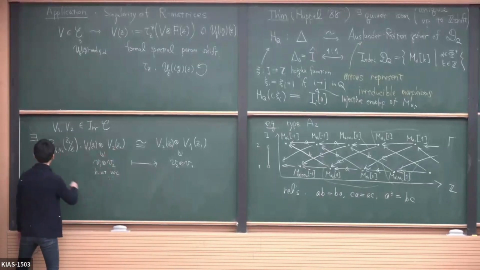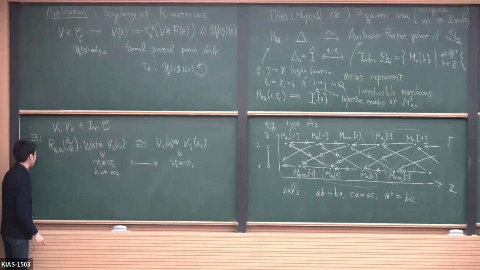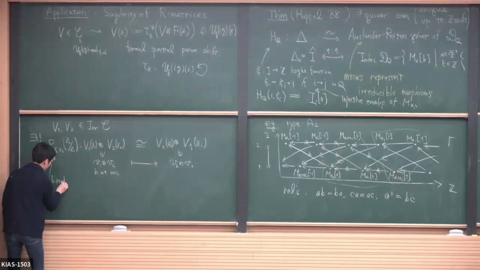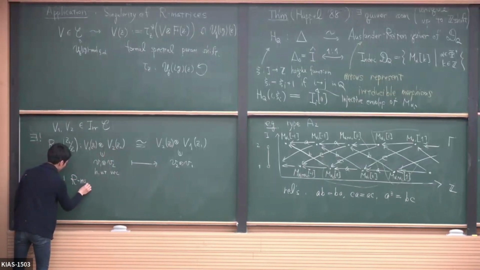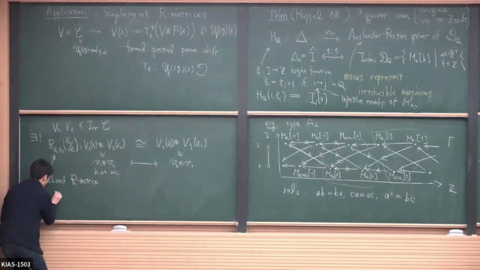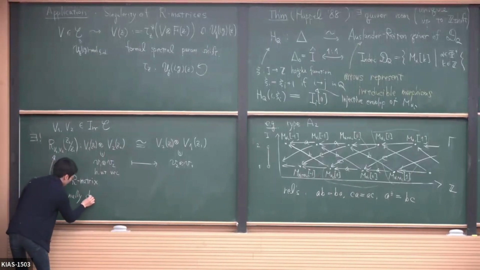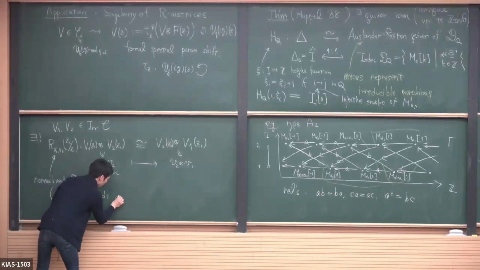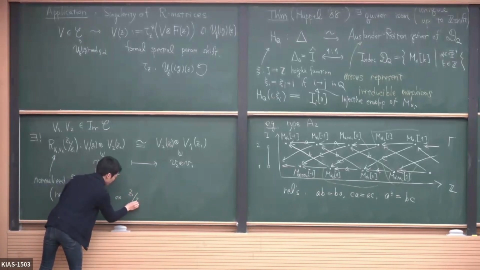So under this normalization, this isomorphism is determined uniquely. So this is called the normalized R matrix. And this is a matrix valued rational function. So this rationally depends on the ratios of spectral parameters.